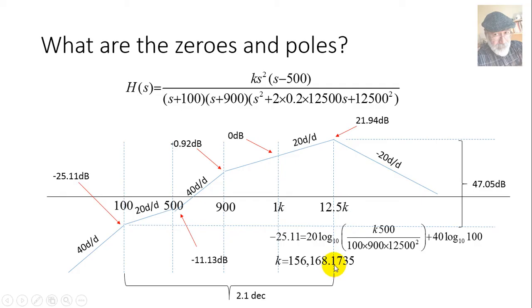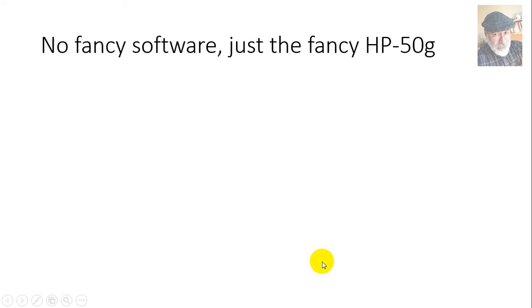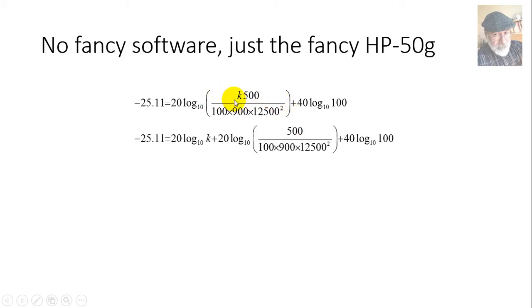And you say, wait a minute. What kind of fancy piece of software did you use to find K out of that equation so quickly? No fancy software, just the fancy HP 50G. Observe, that is the equation. Let me expand that a little bit and write these as 20 times log K plus 20 times log the rest.